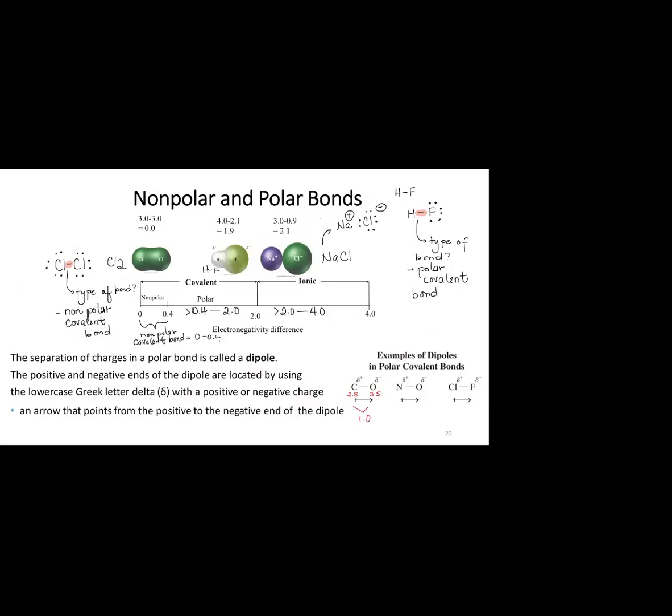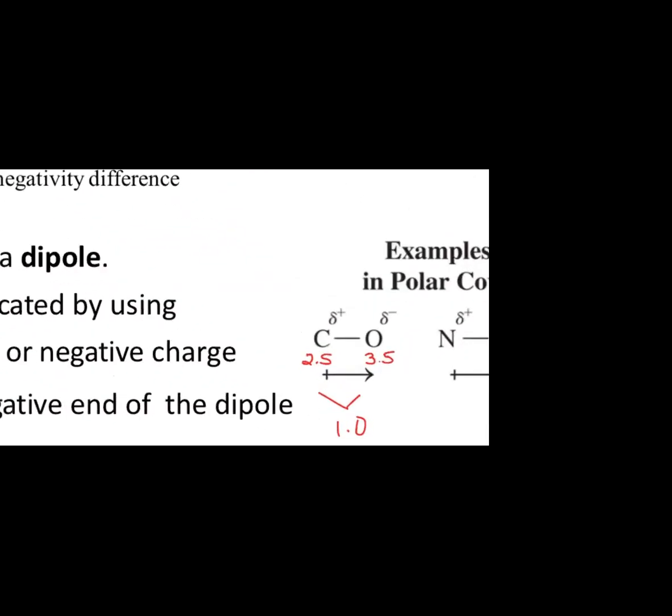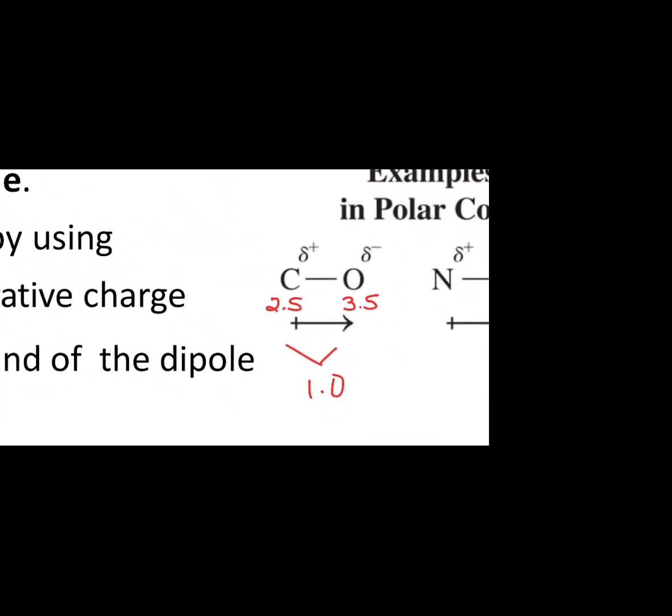Now, we can show the dipole in this polar covalent bond by using the Greek symbol delta and then a little sign, showing that in a carbon-oxygen bond there is a dipole because this is a polar covalent bond, and that delta sign shows that when we have polarity here, carbon is more electropositive compared to oxygen.